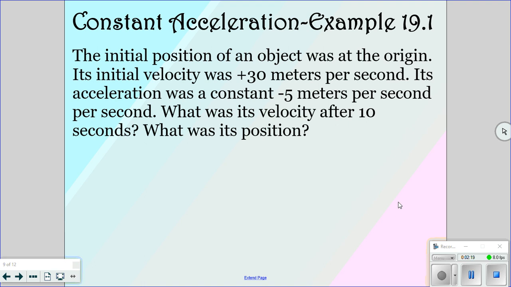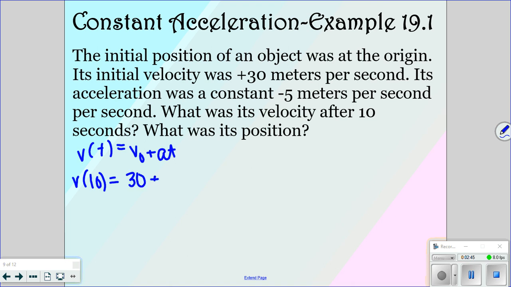So we're going to use our two formulas that we were just looking at. So for velocity, that's the formula you're going to use. So it wants to know what is the velocity after 10 seconds. Well, our initial velocity was 30.